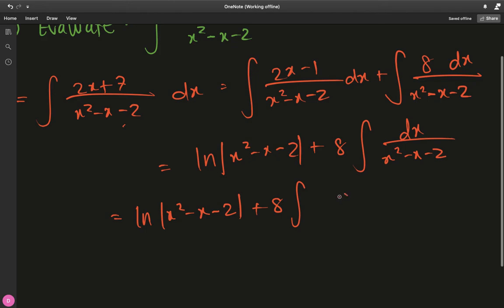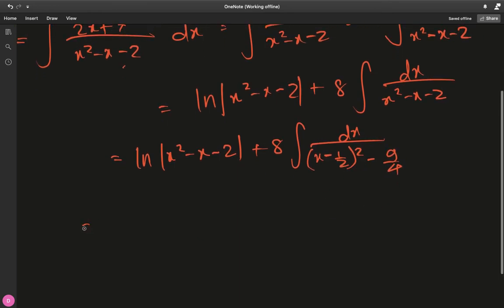We have 8 dx over, the coefficient of x squared is 1, so I don't need to bother like question number 8. So this will be x minus half the whole thing squared minus 9 over 4, which if I'm not wrong, you can check that out if you want.